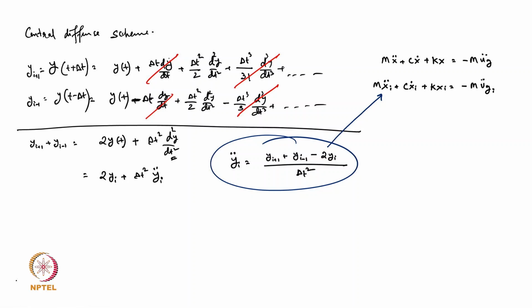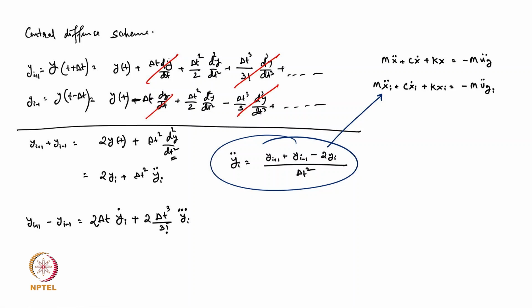In the last case, we have added them up. Now subtract them. So what will happen? yi plus 1 minus yi minus 1: the first portion will go, and the second one will remain, 2t into yi dot plus 2 into t cube by 3 factorial into yi triple dot.